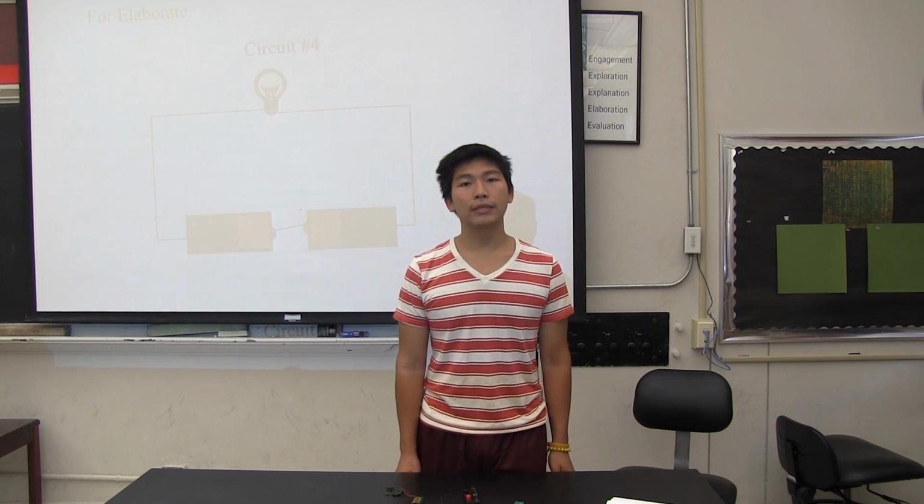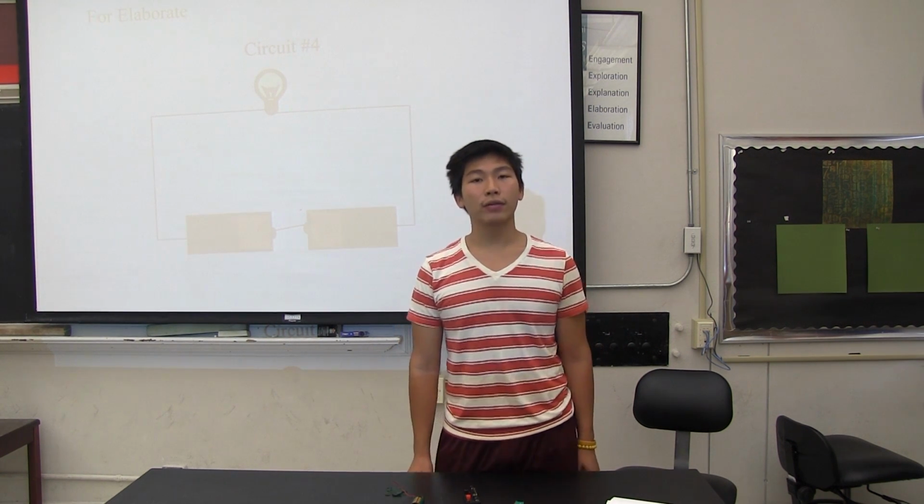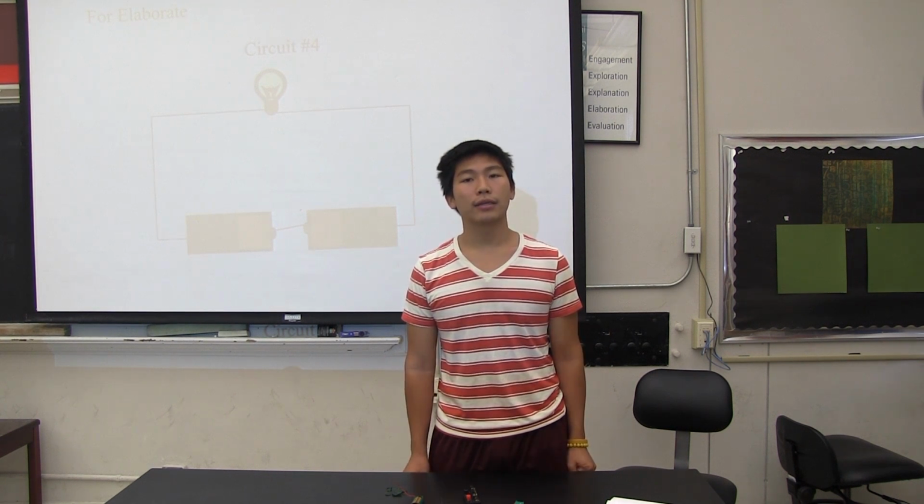Alright, so the answer is the circuit does not work because the batteries have to be lined up in the same direction in order for electrons to flow. Yes, the reason the circuit doesn't work is because the electrons aren't able to flow. Since the electrons flow from the negative to the positive, both batteries are giving off electrons toward the other battery's negative end, which would cause there to be a stop in the flow.